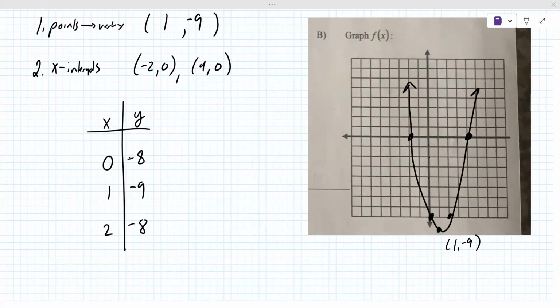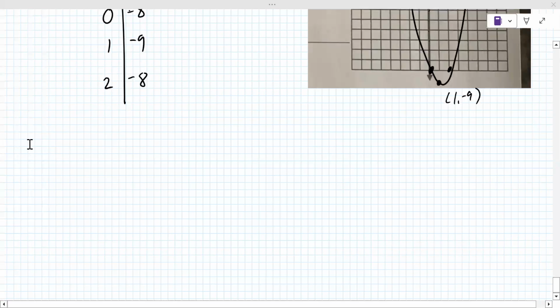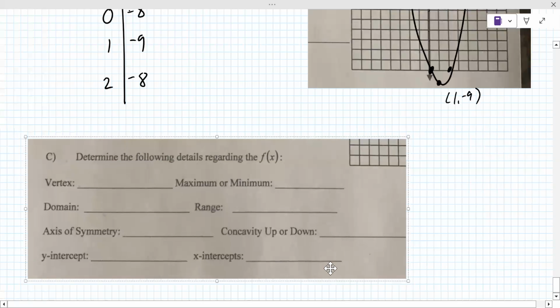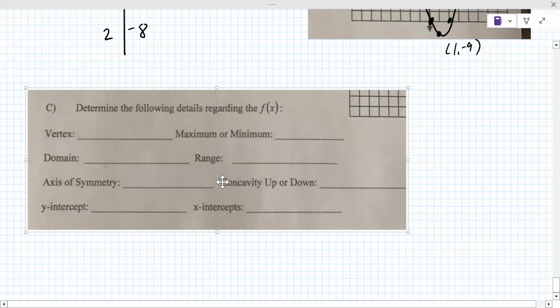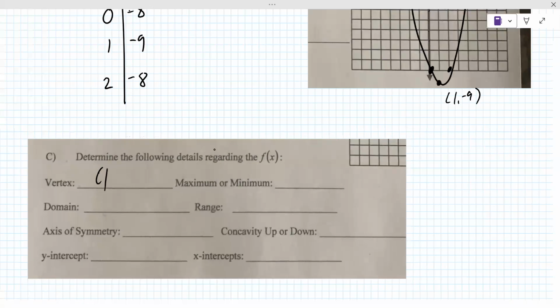So let me really quickly go through this. So we've already talked about the vertex 1, -9. It's a minimum because it's down here at the bottom. The axis of symmetry comes from the vertex. And we've actually already done the x-intercepts.